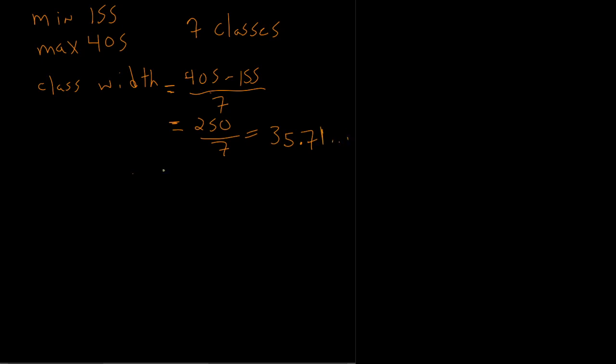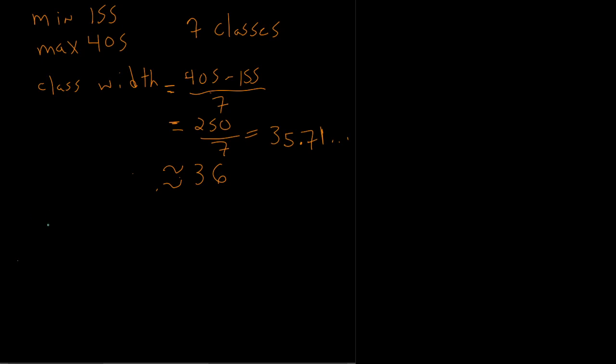Sorry, doing my division in my head here. I know I have the answer on a piece of paper. Well, we always round up, and so our class width is going to be 36. And so we want a class width of 36.